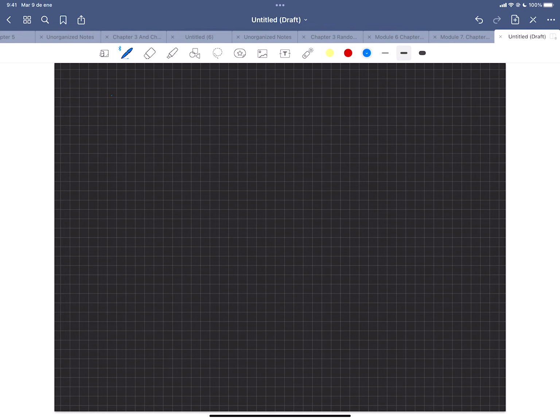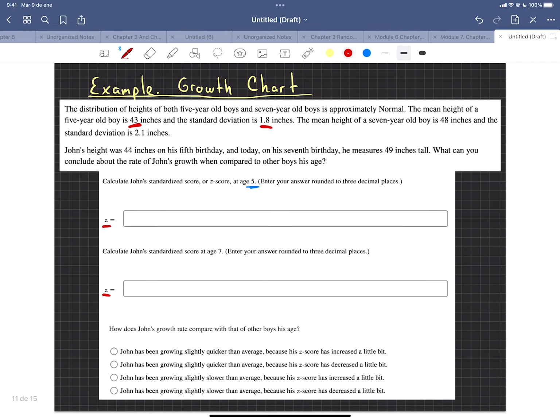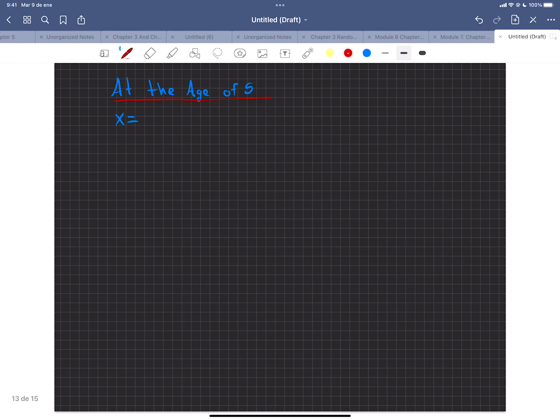First, at the age of 5. The value of x is the height in inches. It's this one, 44, on his fifth birthday. You see that? So x equal to 44. I'm sorry for that.